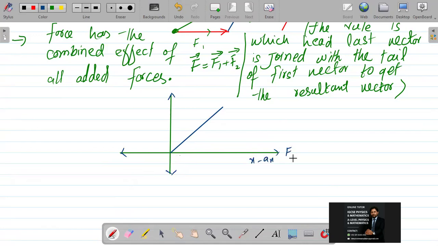This is Fx, this is F, this is Fy, and this is the angle along the force. So it is the x-axis, it is the y-axis.